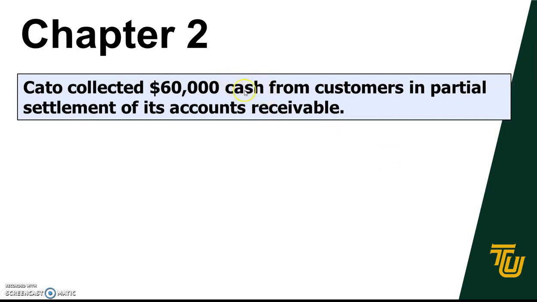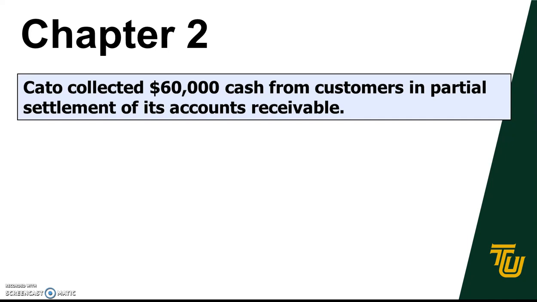Yes. Cash is impacted. We collected cash. Cash is going up. Great. Okay. What else is happening here? Partial settlement of its accounts receivable. Accounts receivable is impacted.